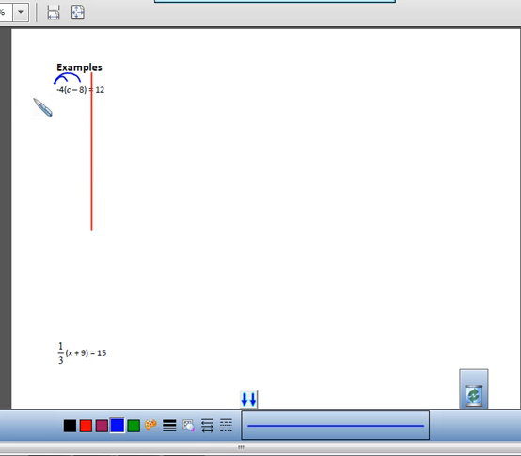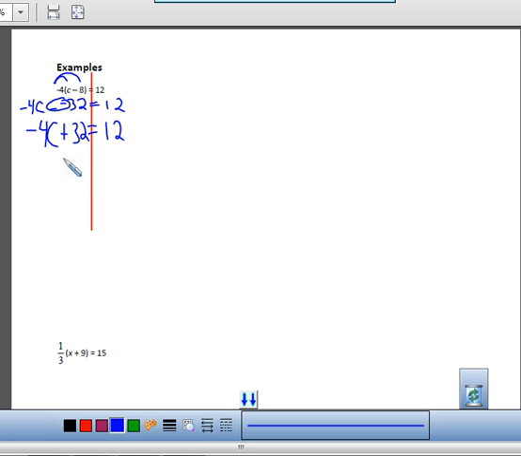So negative 4 times c is negative 4c. Negative 4 times 8 is negative 32, but I have a minus sign. So subtracting negative 32, hopefully you remember your integers and know that that becomes addition. And we still have 12 on this side. So really I have negative 4c plus 32 equals 12.